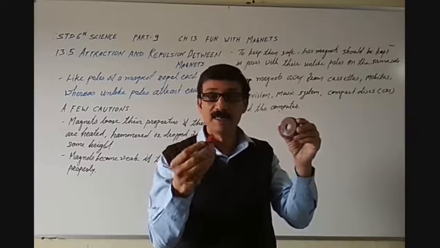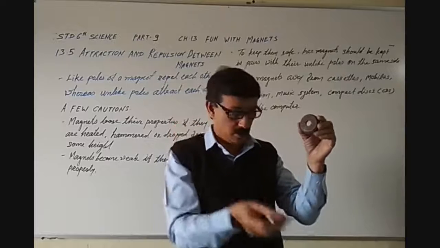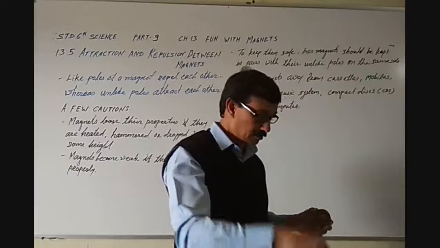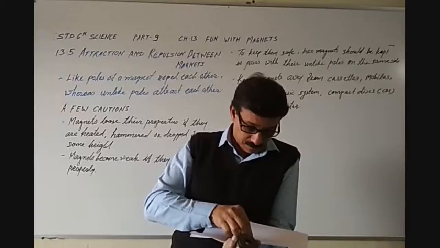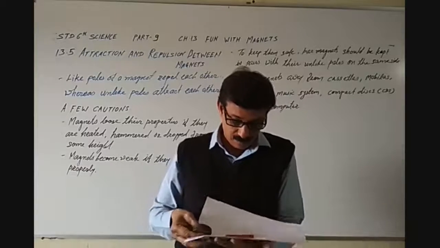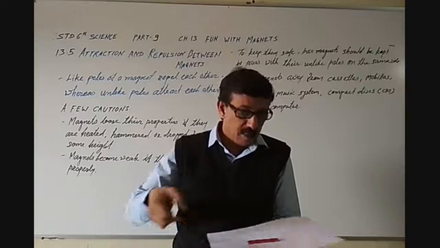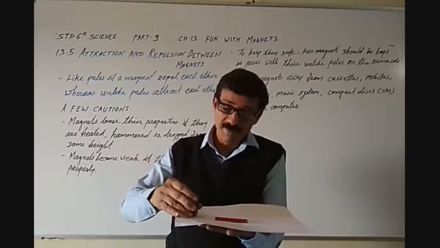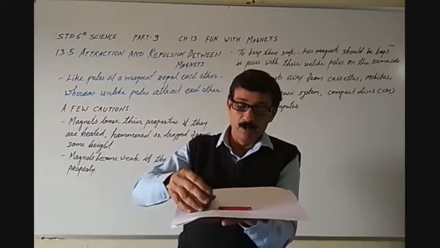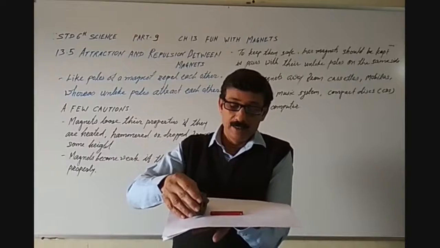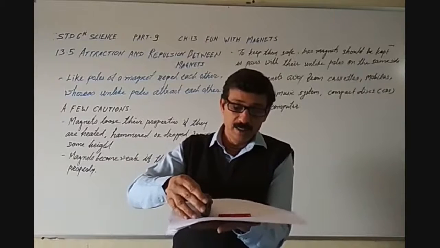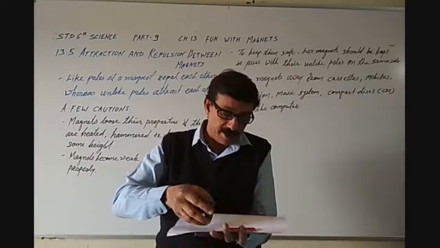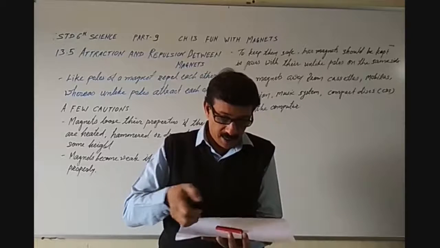Now let me keep the south pole towards this. This is the south pole, and this is also a south pole. So if I bring it towards this, let's see. You can see, this is going away from this.